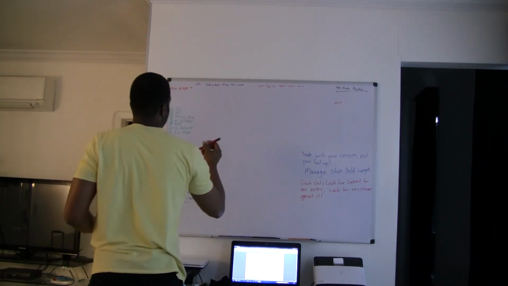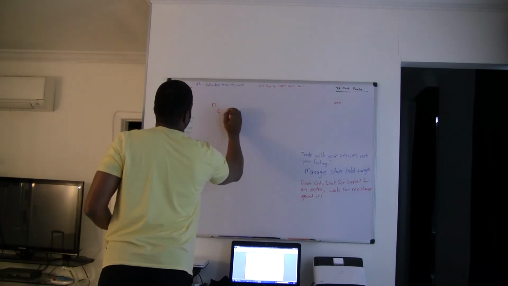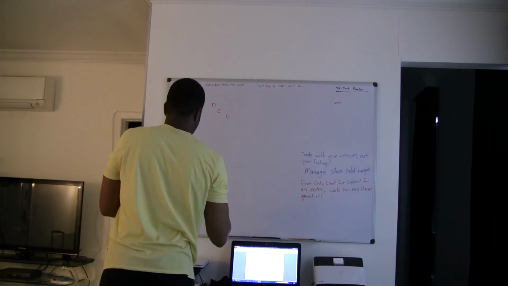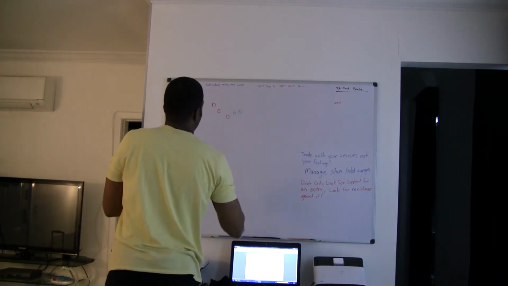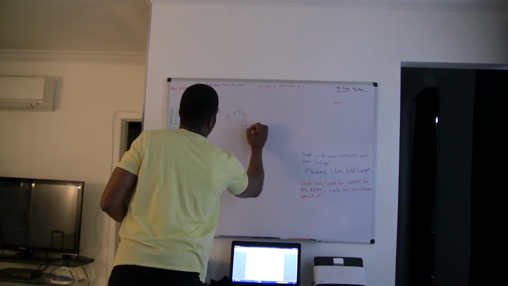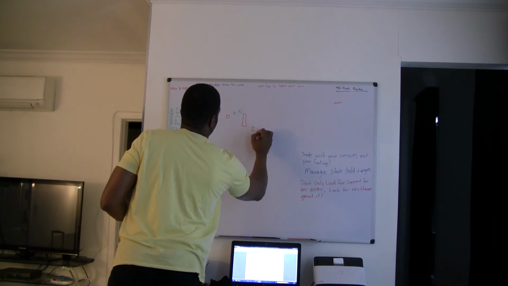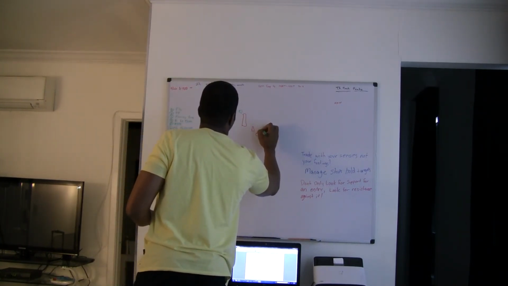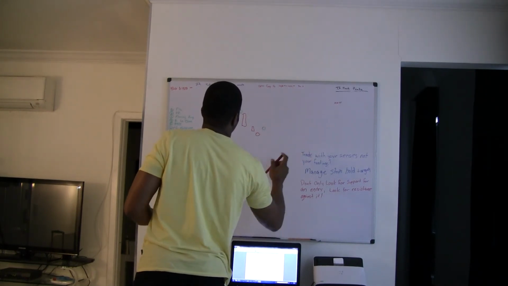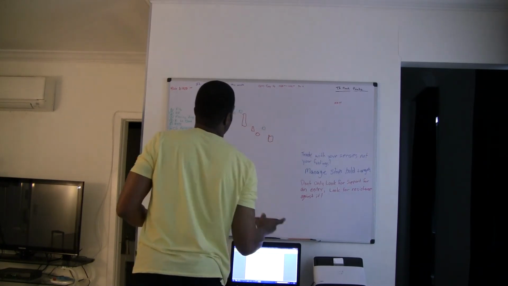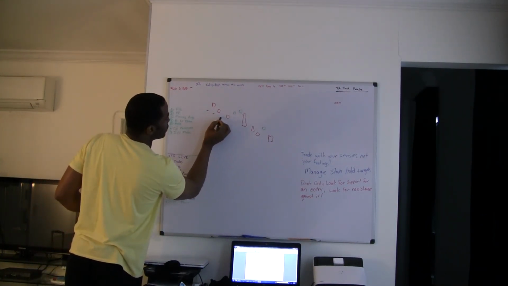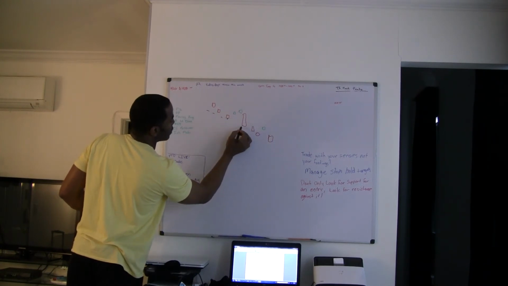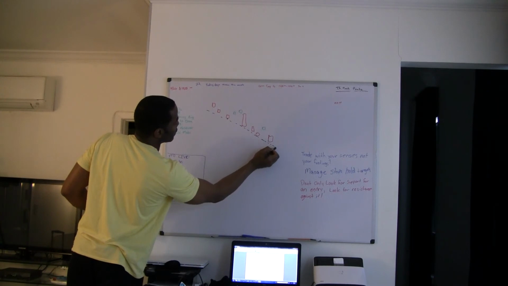Three-point trend lines are basically the same thing, a line that covers more than one point, two points, three points, and so on and so on.